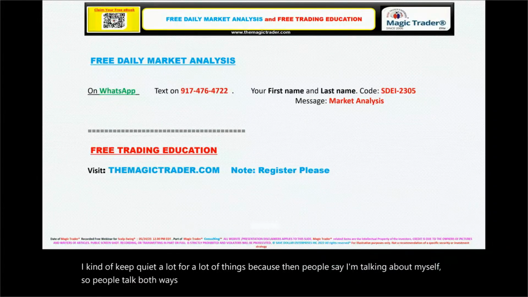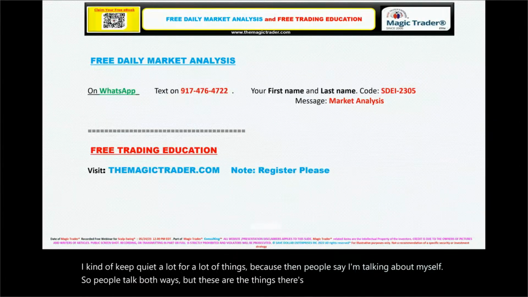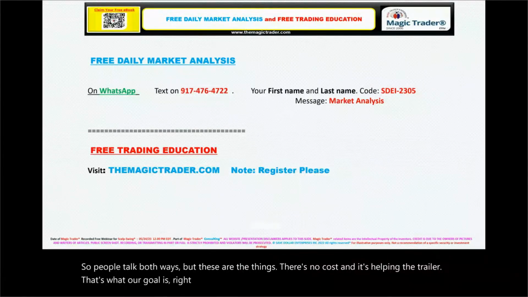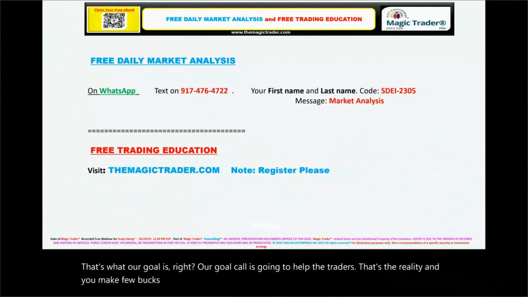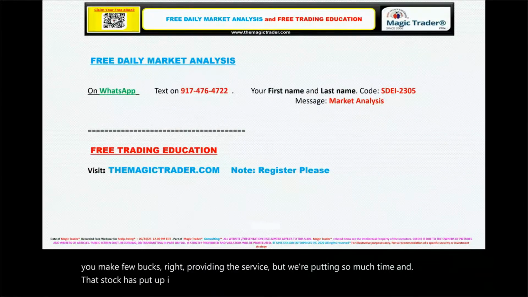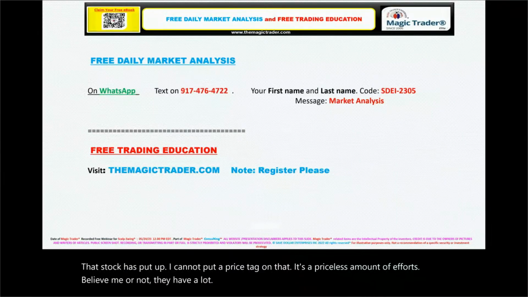But these are the things, there's no cost, and it's helping the trader. That's what our goal is, Kelly's goal, to help the traders. That's the reality. And you make a few bucks providing this service. But we're putting so much time, and MetaStock has put up, I cannot put a price tag on that. It's a priceless amount of effort. Believe me or not, they have a lot of demand for development.